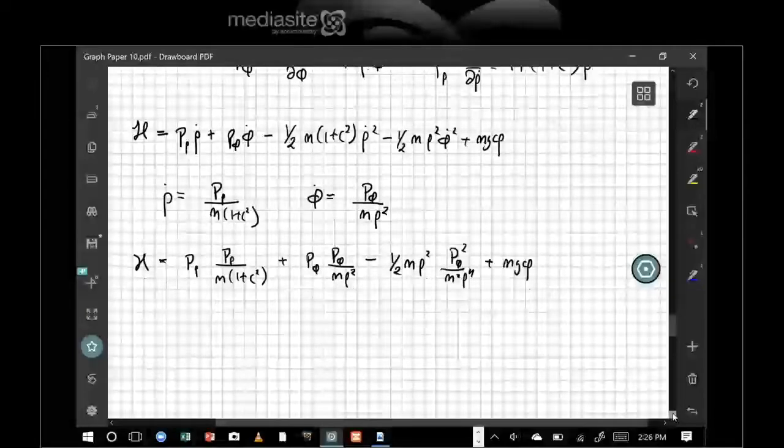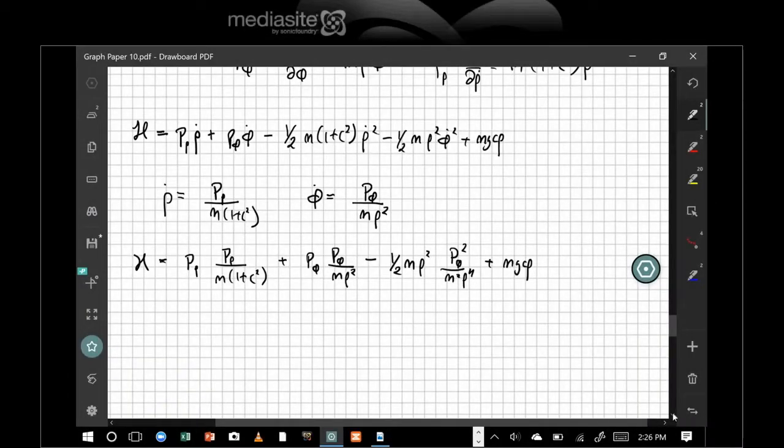So yes, now I have everything. Now there are no more velocities in this equation, and I can write this down. You can see that this term here and this term here are basically the same, so that's going to give me p sub rho squared over 2. Oh, I said that wrong.